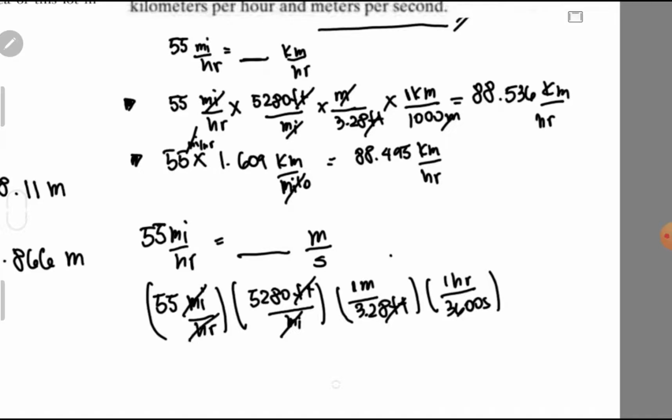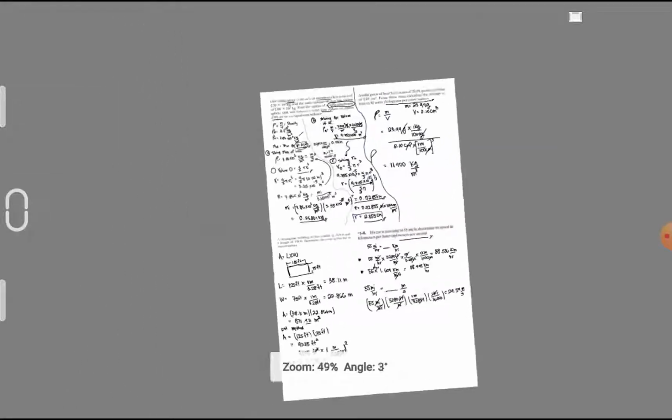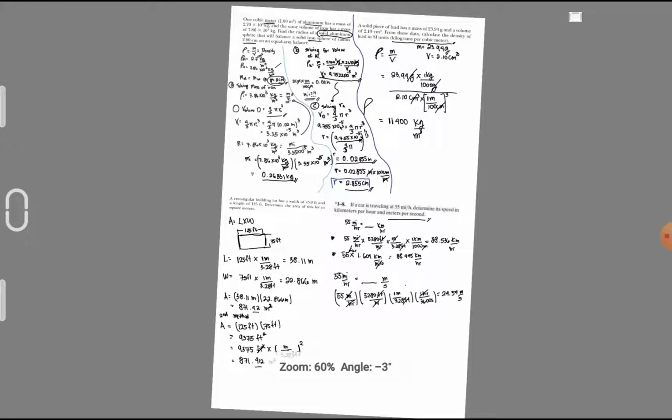So canceling out your hour, we'll have 55 times 5,280 divided by 3.28 times 3,600 seconds. We'll have a value equal to 24.59 meters per second. Okay, that is our answer. If there will be any question, feel free to ask.